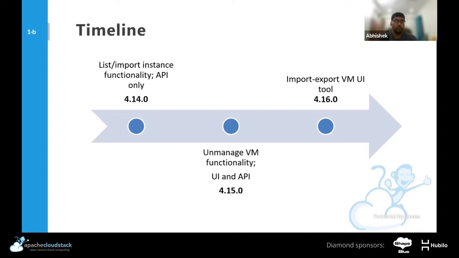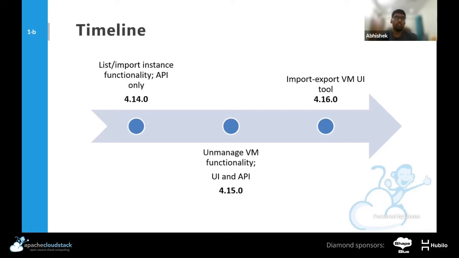It was API only functionality, so it was implemented keeping in mind that there will be multiple existing virtual machines, and there will be some kind of scripting from operators who want to import them into CloudStack. In 4.15, we added another improvement, that is to unmanage or export an existing CloudStack VM from the CloudStack UI or the API.